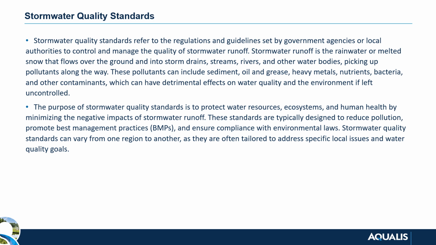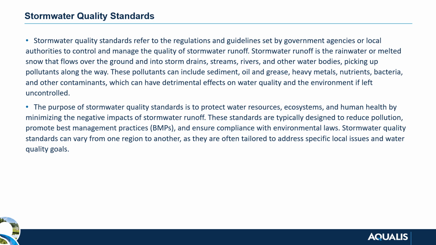These pollutants can include sediment, oil and grease, heavy metals, nutrients, bacteria, and other contaminants, which can have detrimental effects on water quality and the environment if left uncontrolled. The purpose of stormwater quality standards is to protect water resources, ecosystems, and human health by minimizing the negative impacts of stormwater runoff.